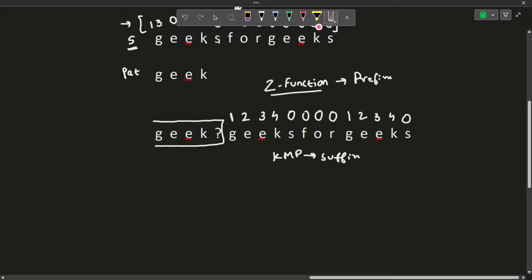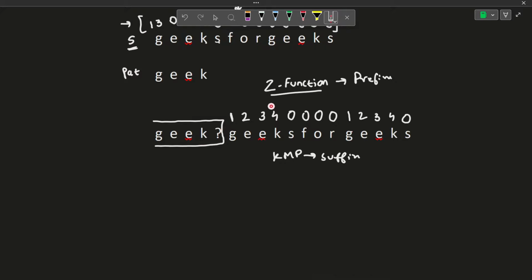Now again, how are these values helpful to us? Now we can again look at the positions which have the value equal to 4, or basically equal to the pattern size. Now you have to be very careful while dealing with this situation, because these indices you cannot take directly. You will have to take the starting index of the pattern, right?